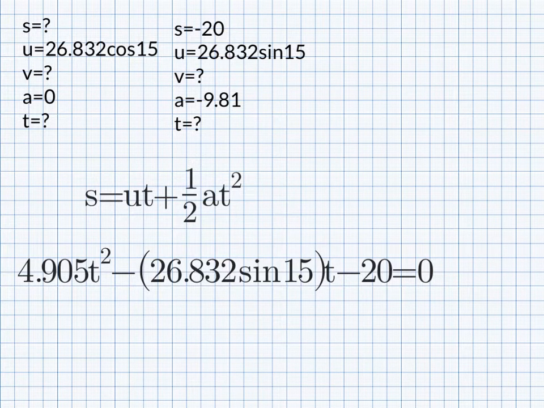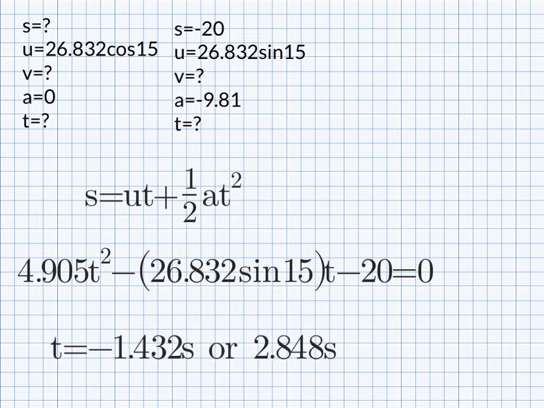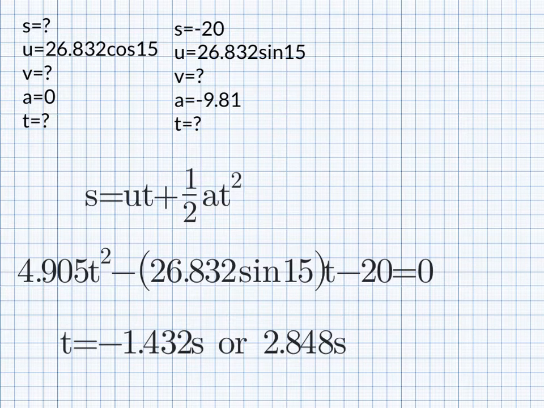Now, I have no desire to solve this quadratic, so I will use a quadratic solver to do it, and it gives us two answers, of course, negative 1.432 seconds, or positive 2.848. Clearly here, only the positive actually makes sense.